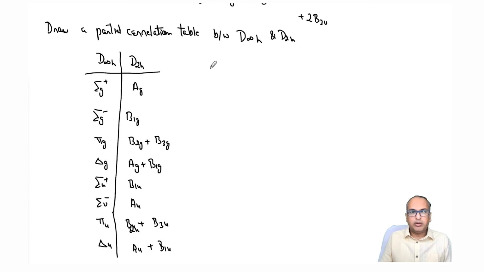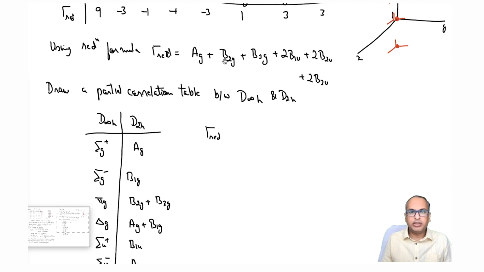So now we know that our tau reducible was, let me go up, this is my tau reducible.